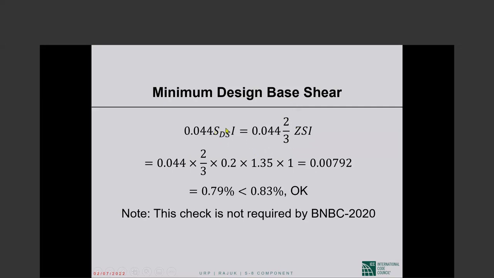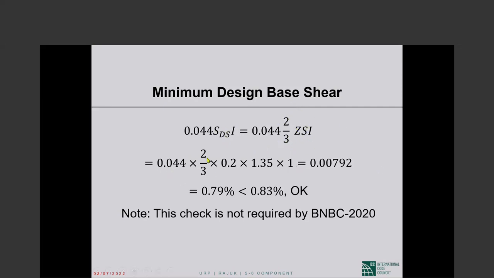this S sub DS is 2/3 Z times S. If you go back a page or two, you will find this relationship.